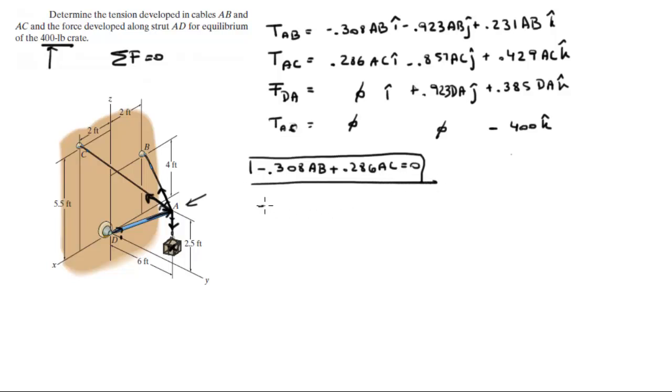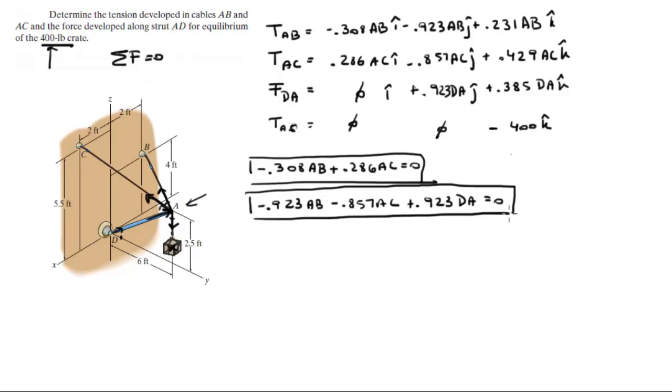Let's add the j's together. Minus 0.923 AB minus 0.857 AC plus 0.923 dA is equal to 0. And this is our second formula. Now our third formula, all the k's together: 0.231 AB plus 0.429 AC plus 0.385 dA minus 400 is equal to 0.